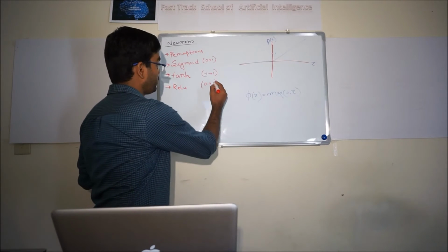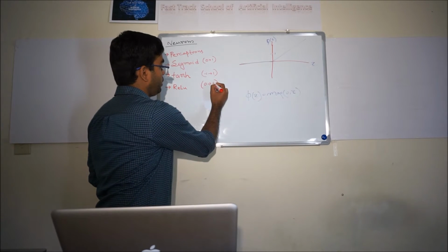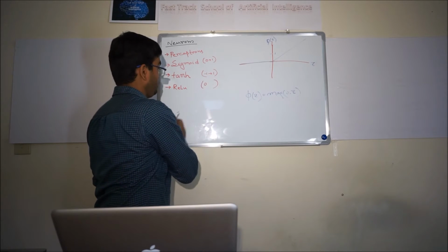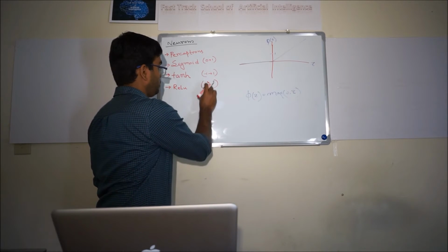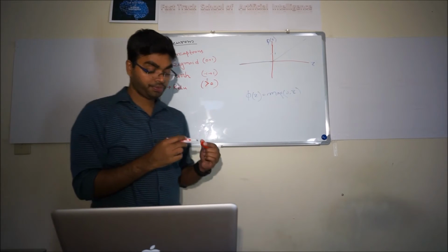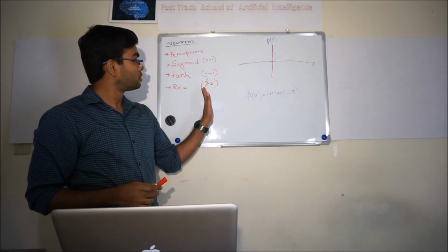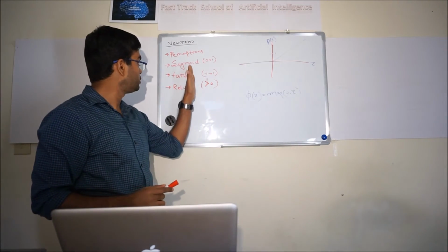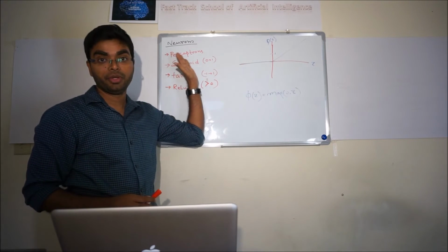Sorry, this is not correct. It should be greater than 0. Always greater than 0. Okay, so by this time you have a clear understanding of all these activation functions or different kinds of neurons.